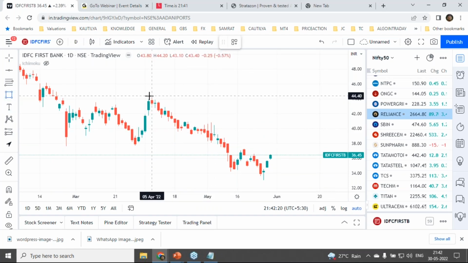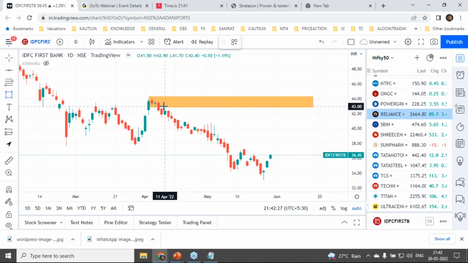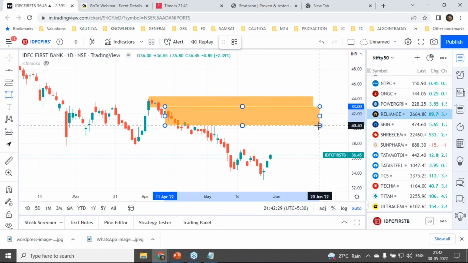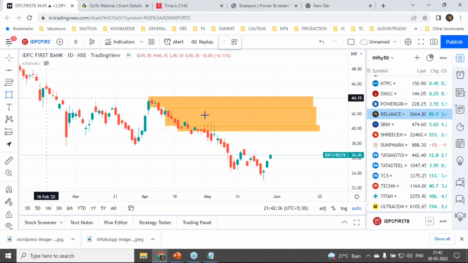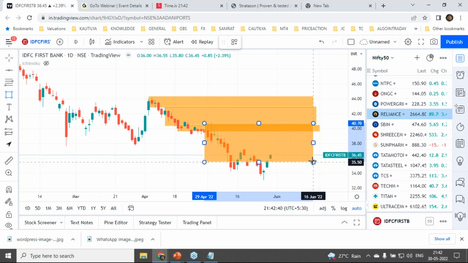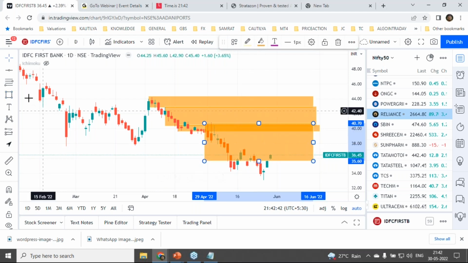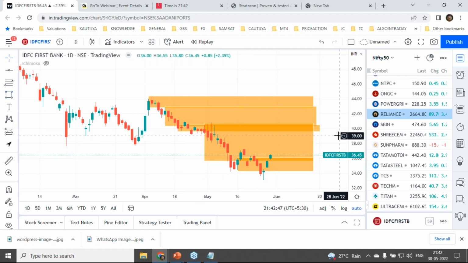Let me mark it. Rally, base, rally. No, it is compression. Okay. Drop, base, drop. Correct. And then drop, base, rally. Correct. And then these three bases. No, it's all base. Yeah, it is compression, my friend. 100% compression. I could not mark a single base which is fresh. You won, Mr. Reddy.